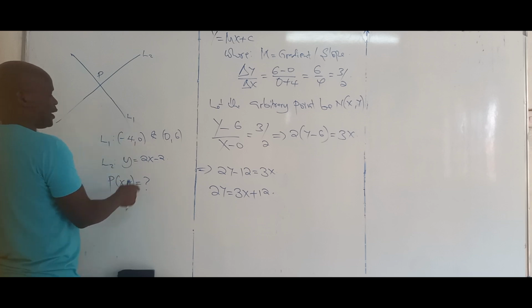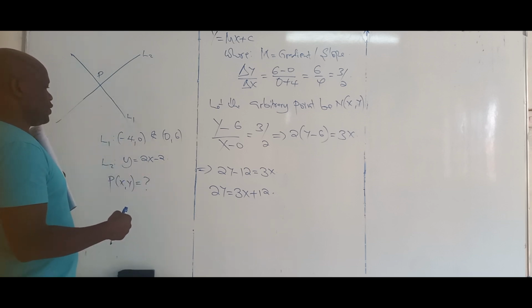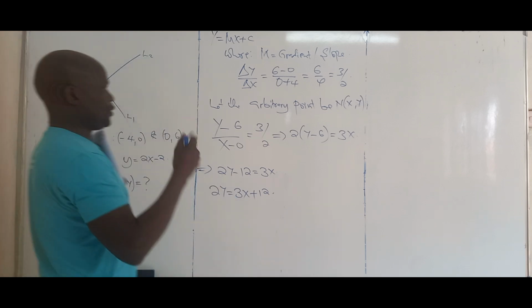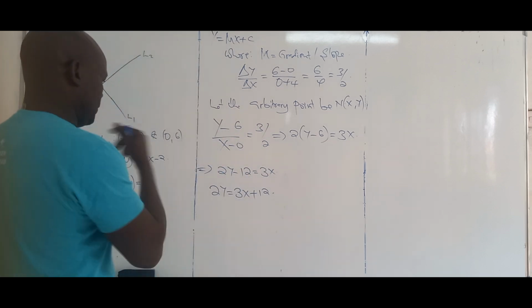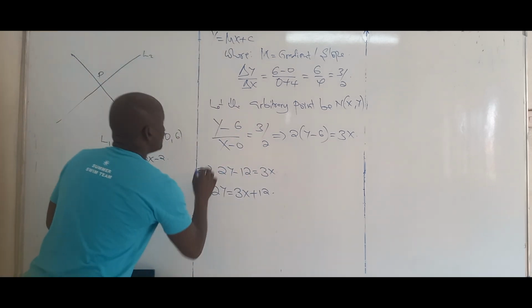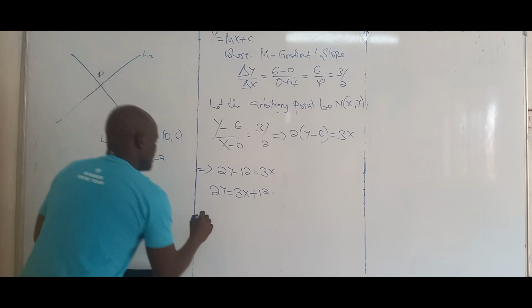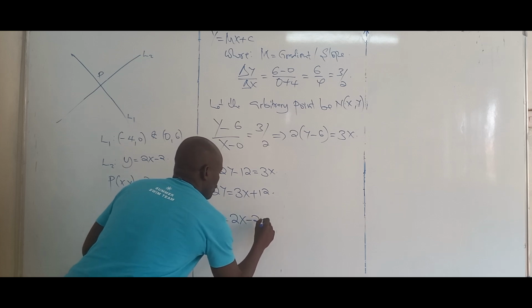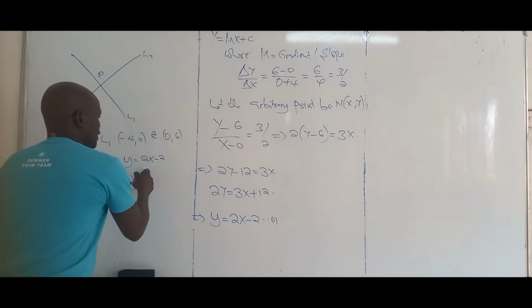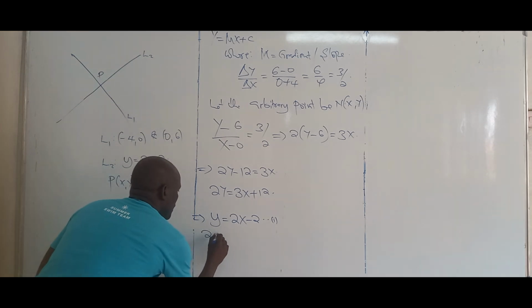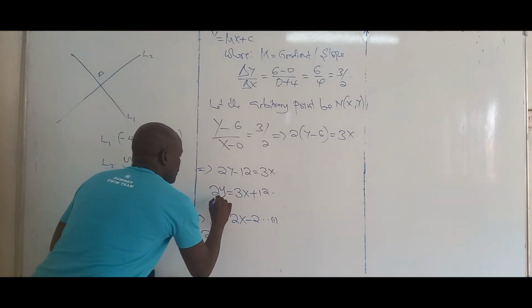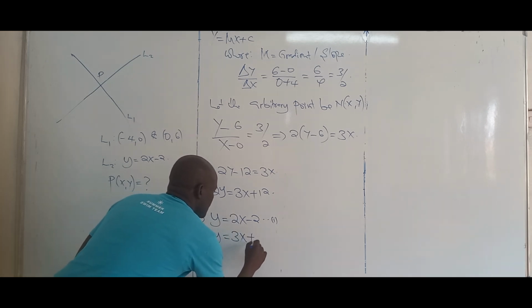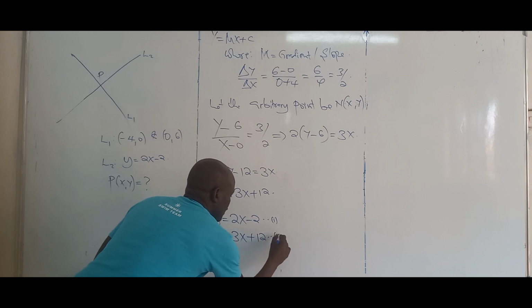So we have the equation of line 1 and line 2. I want to solve them simultaneously to get the values of x and y, which will be the coordinates of the point P. So our two equations become: the first one is y = 2x - 2, that's one. Then 2 will be 2y = 3x + 12.